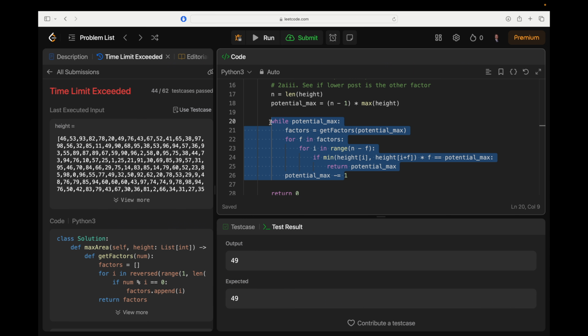Is the factors too much? Should I just work backwards in terms of distances? Was I overthinking it?